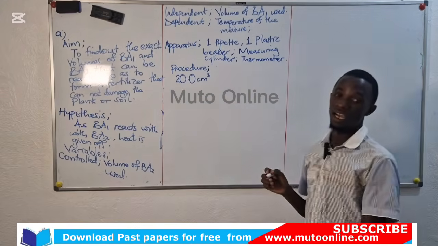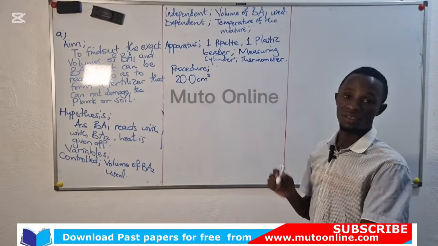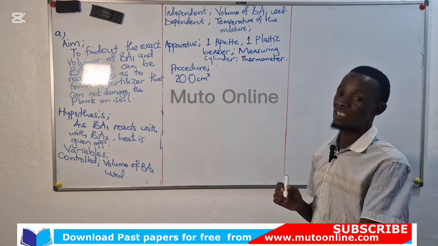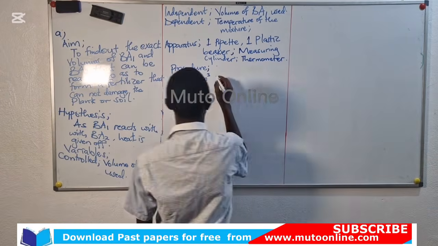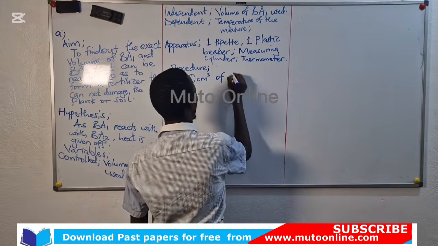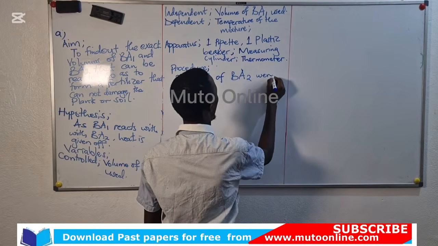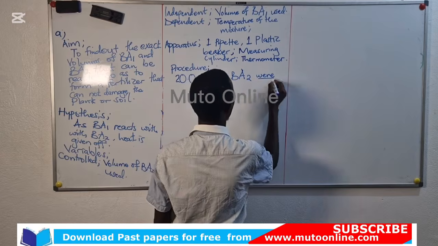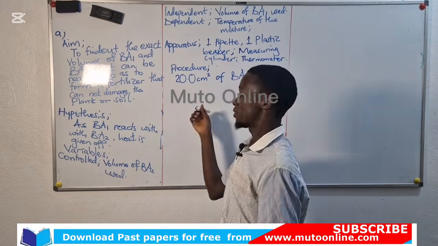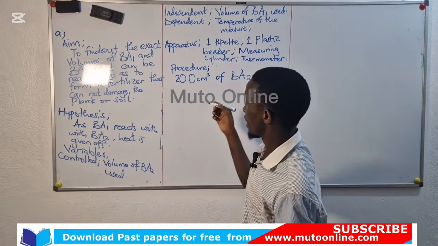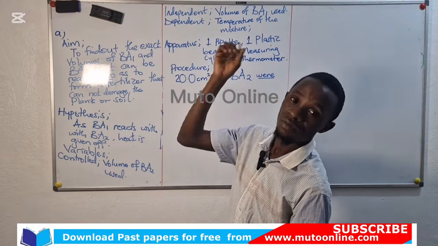For me to be accurate, I'll record my values to the standardly known number of errors. So 20.0 cubic centimeters of BA2, where I'm using this tense because I'm reporting what I did, though I'm explaining now. So remember, the procedures must be written in a reported format and in past tense.